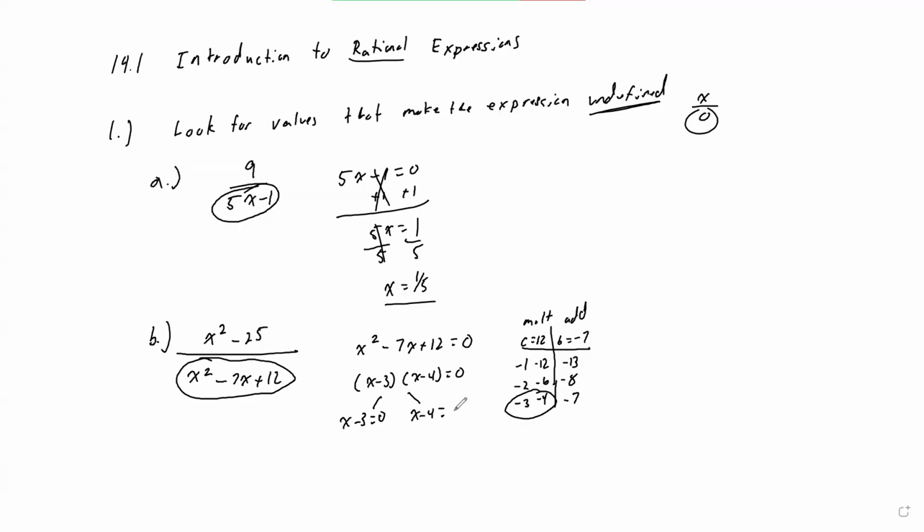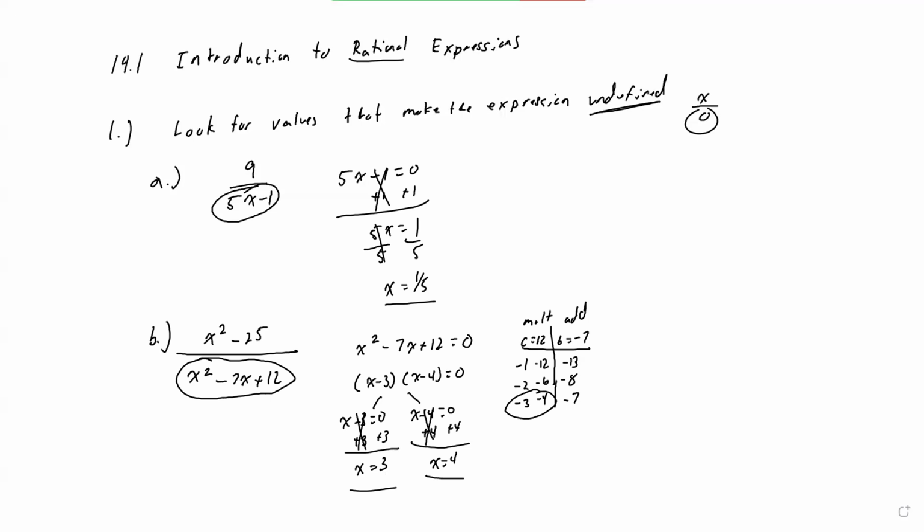X minus 4 equals 0. Opposite of subtracting 3 is adding 3, so I get x equals 3. Opposite of subtracting 4 is adding 4, so I get x equals 4. And that's it. So you figured out what x basically cannot be, which will make this function undefined.